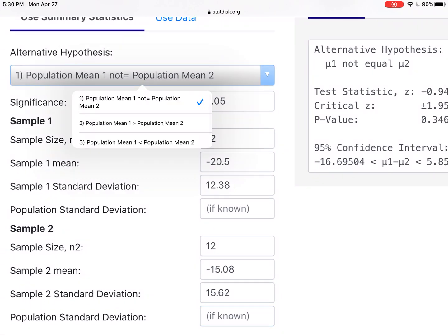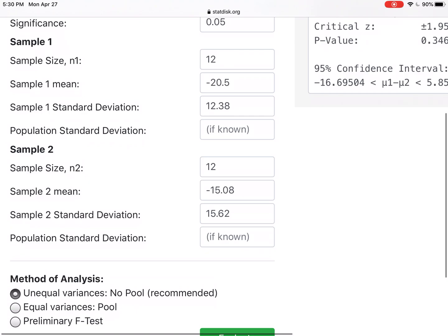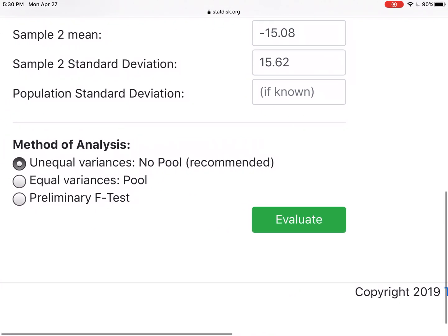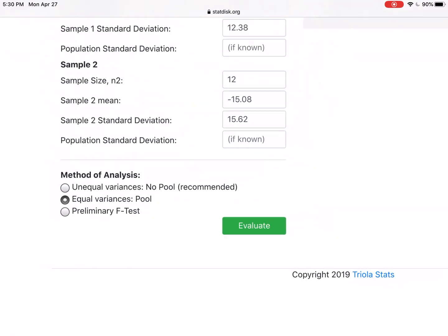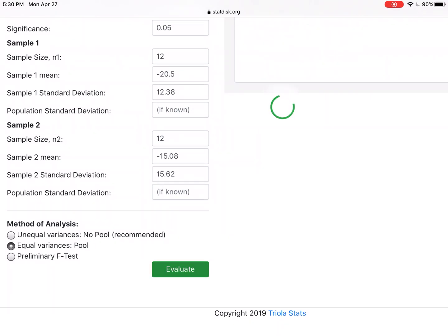We got our correct alternative hypothesis input there, a not equal to alternative. The thing that is going to be different is down in this method of analysis. Instead of choosing the no pool option, which is recommended, because we are assuming equal standard deviations, we are assuming equal variances, we're going to choose the pool button. And we will now evaluate.